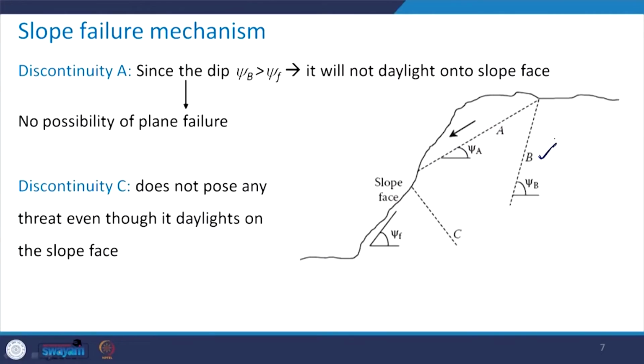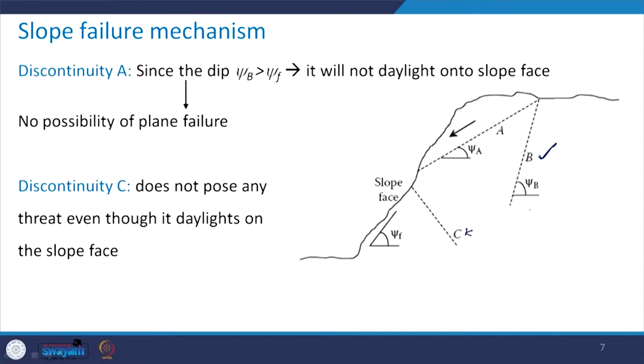Now, you see here, since we have not talked about this discontinuity B, because we said that okay, A is crucial for the planar failure, C will not have any effect, it is stable. What about this B? So, can you see here, look at their relative magnitude of their orientation.